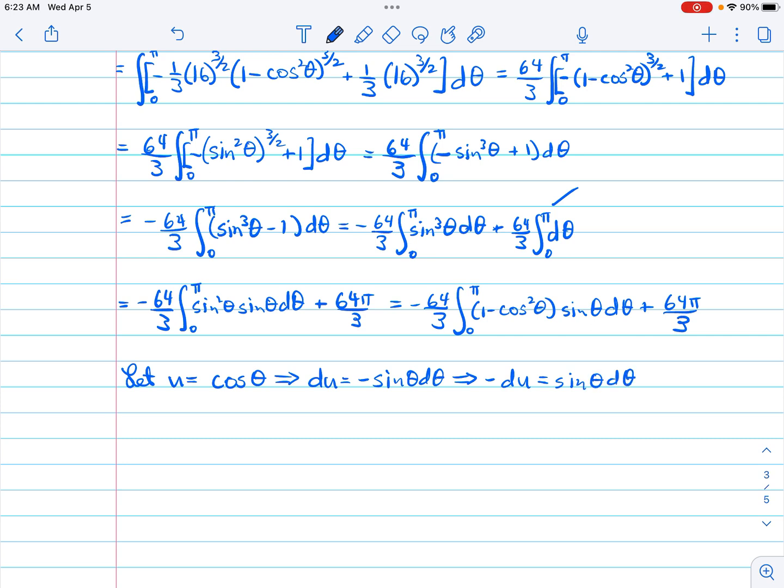So now let's see what we've got here. We've got negative 64 over 3, and I've got 1 minus u squared, and in place of sine theta d theta, I've got negative du. And then of course I've still got the 64 pi over 3.